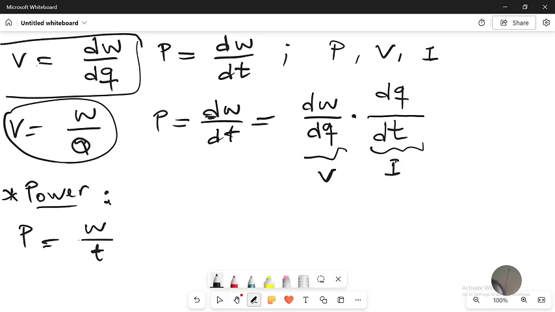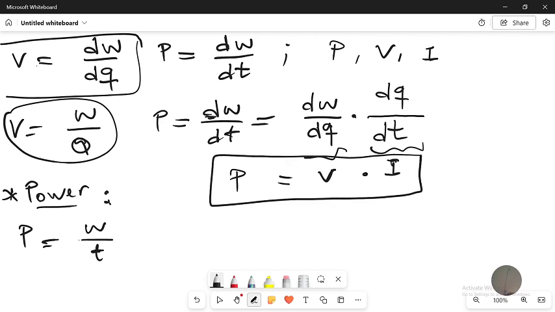So from here, I can determine that power equals voltage multiplied by current. I have to keep it in mind. If I have the voltage of the element and the current, I can directly determine the power because I just multiply the voltage and the current.